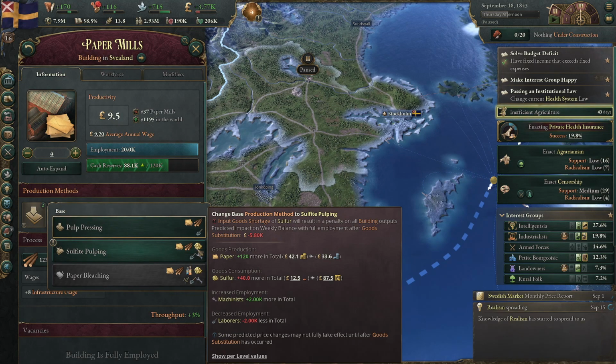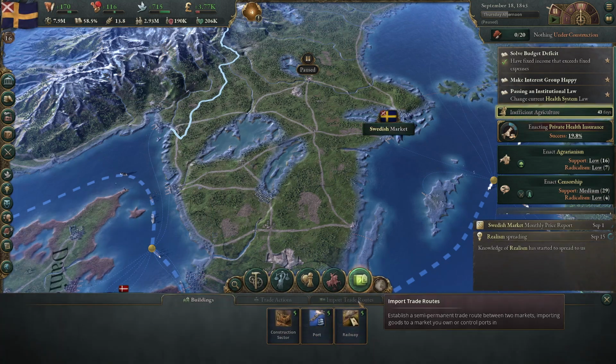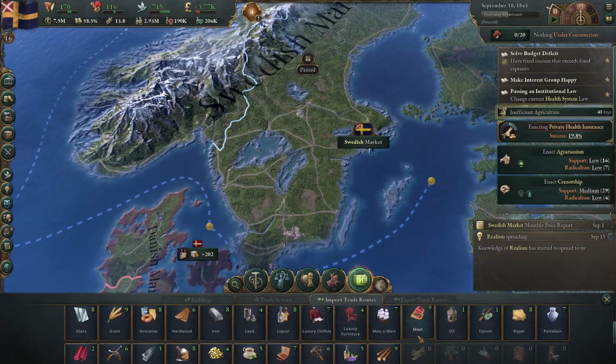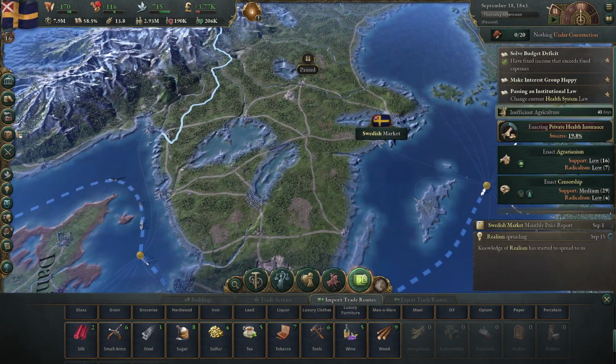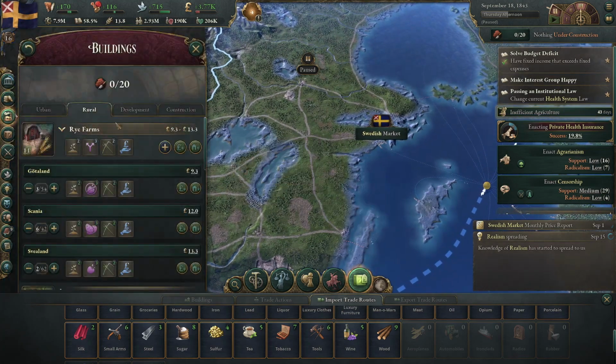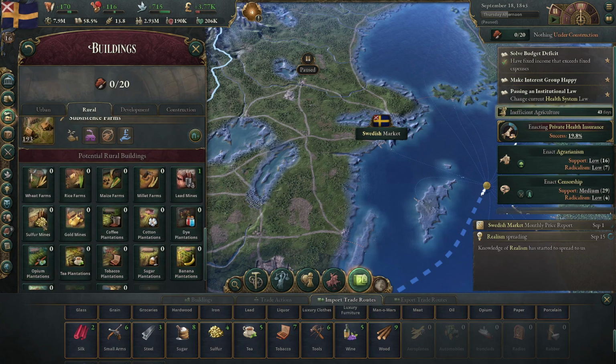I do wonder if we import sulfur, can we get an import trade route for sulfur? Where is it? Paper, sulfur. No, there's no profit in that. Well, as far as I know, we can't mine sulfur. Let's just see if we got any sulfur mines.